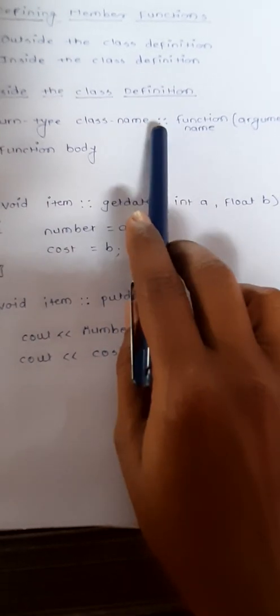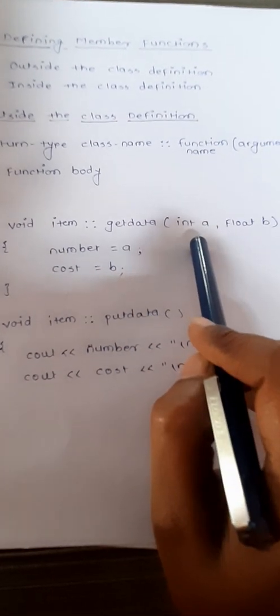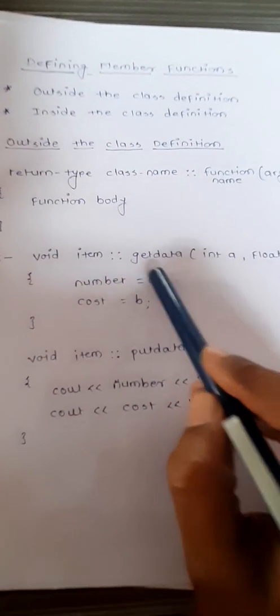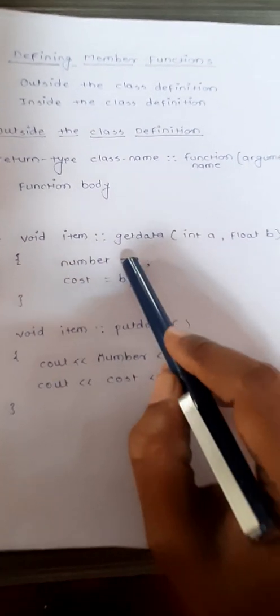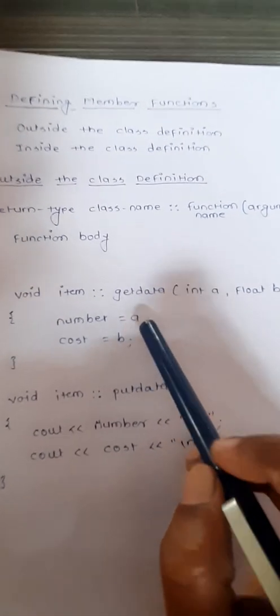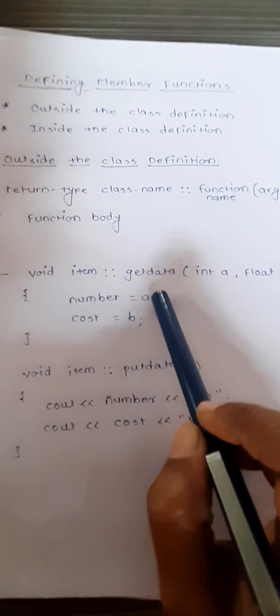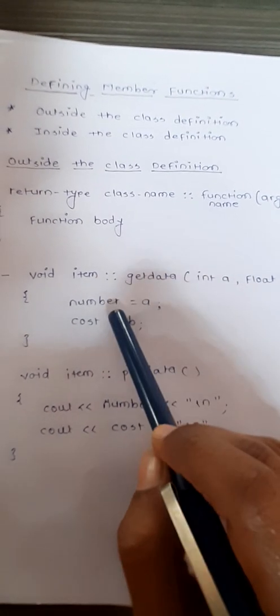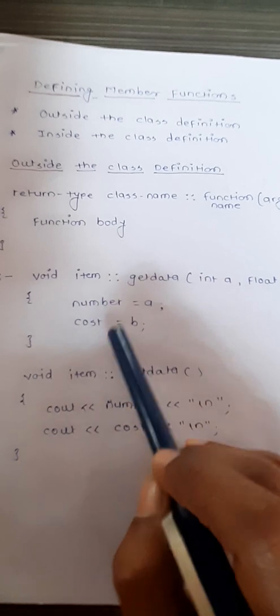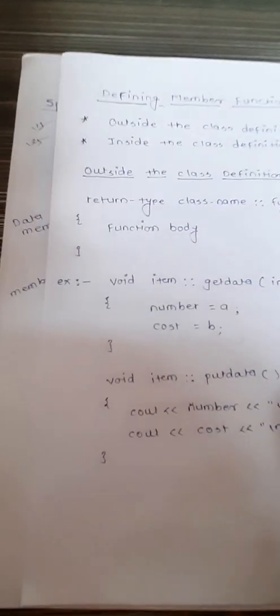So void is the return type, atom is our class name, and here is the scope resolution operator according to the syntax. Then get data is the function name, and these are the argument list. Below it we write the function definition. Whatever value we provide here copies into A and B, and after that the A and B values are assigned to the number and cost variables, because number and cost are the data members.